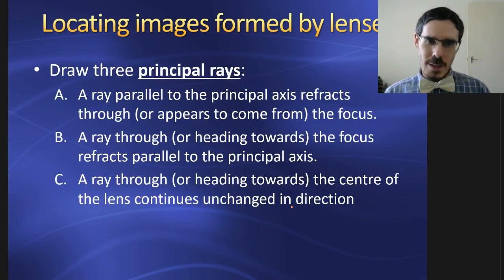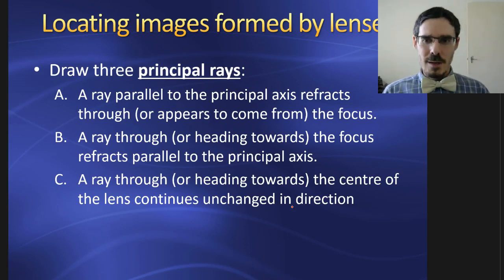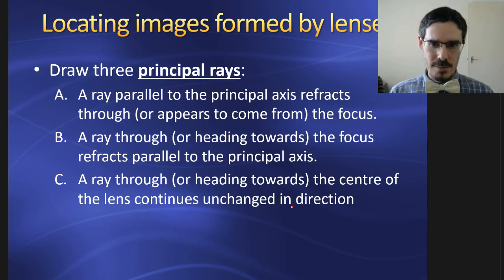The three rays we're going to draw are exactly the same as we did with curved mirrors. The third one's slightly different. The first ray goes in parallel to the principal axis and it comes out through the focus, or for a diverging lens, it appears to come from the focus.